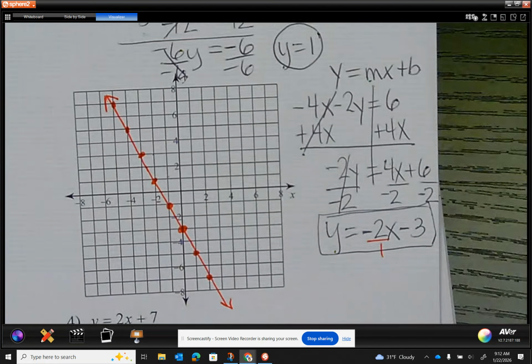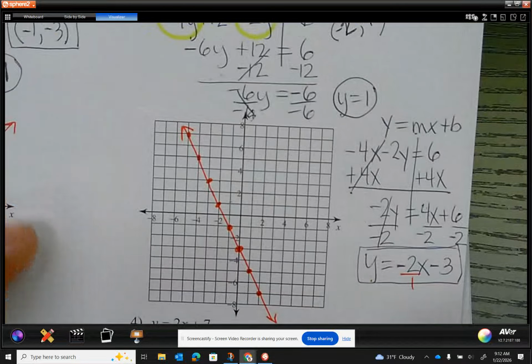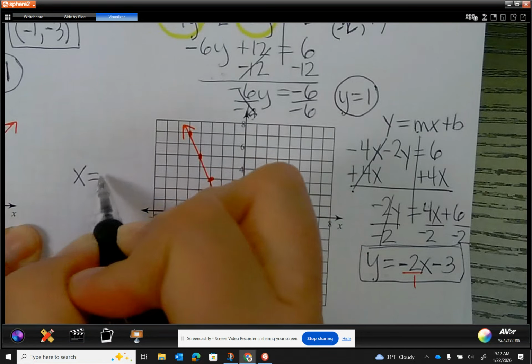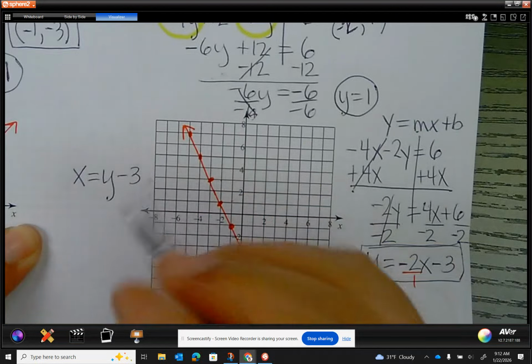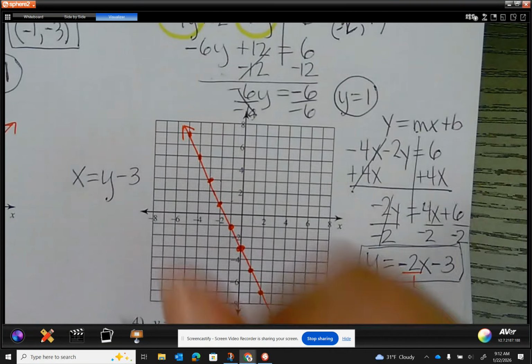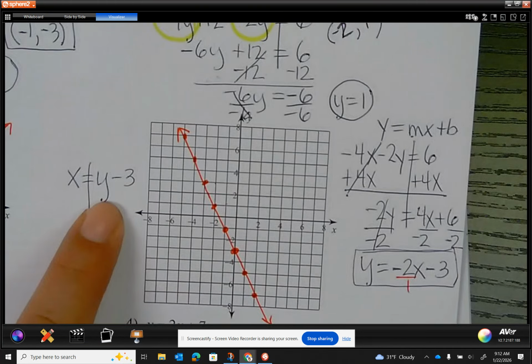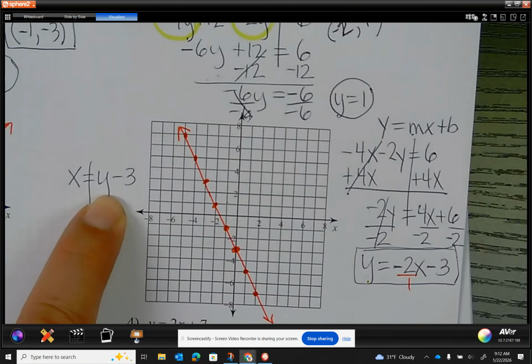And then we have the second equation. I'm going to go to this side of the graph because I've got a little bit more room. We have x is equal to y minus 3. But we want it to look like y equals mx plus b. So on this one, I want to get this y by itself.